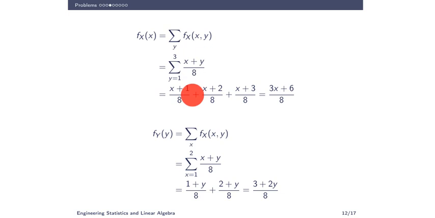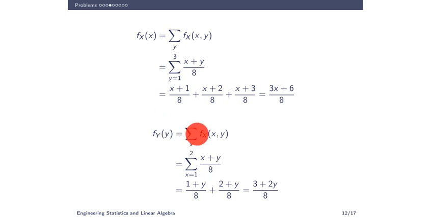So that will be x plus x plus x, 3x, and 1 plus 2 plus 3, 6, so (3x + 6)/8. That is a function of x. See here, it is just a function of x. You won't get a single value here, but a function of x.